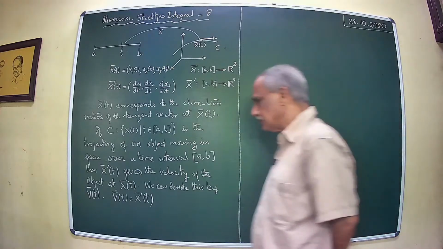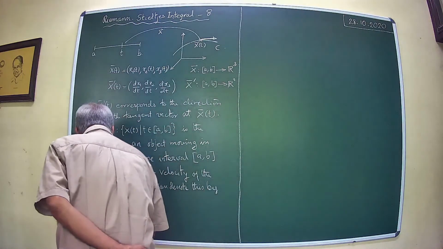So what you have is V1 of t, the component.